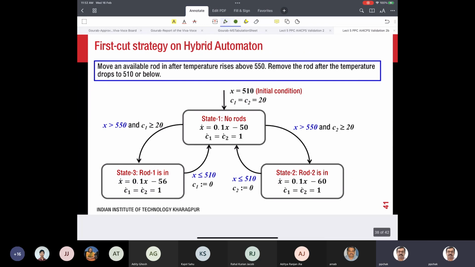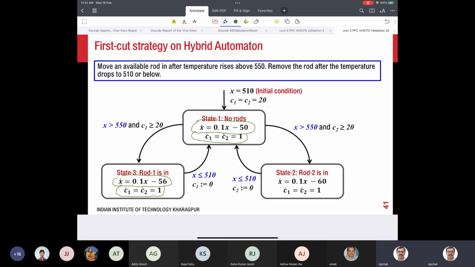So this is the state machine. The state machine now has dynamical equations in every state. So this X is the temperature.